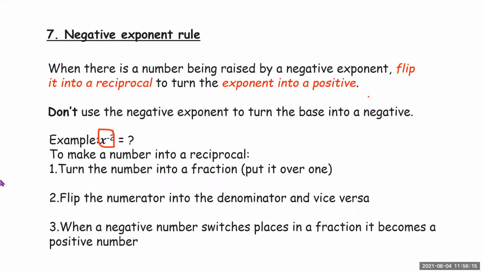To make the number into a reciprocal, what we do is flip the numerator into the denominator and vice versa. So first this number is made a fraction. Then flip the numerator and the denominator. So it becomes 1 by x power 2.